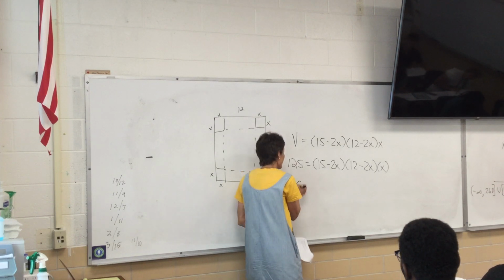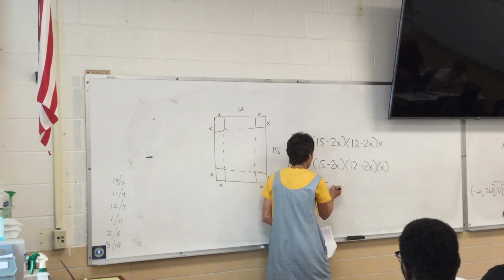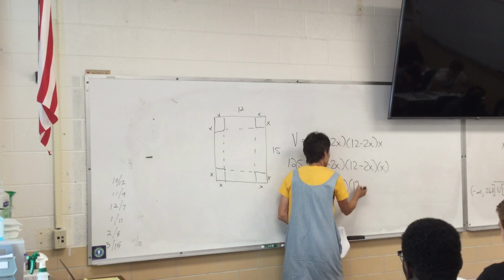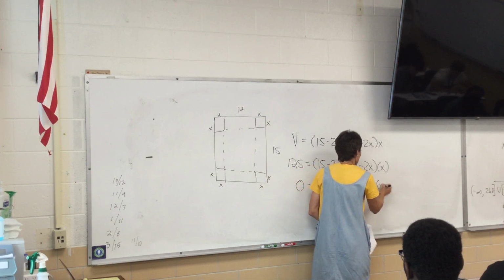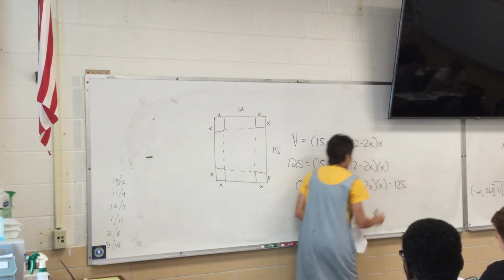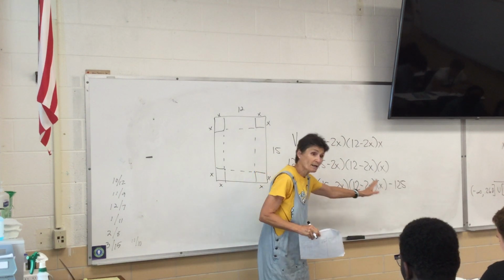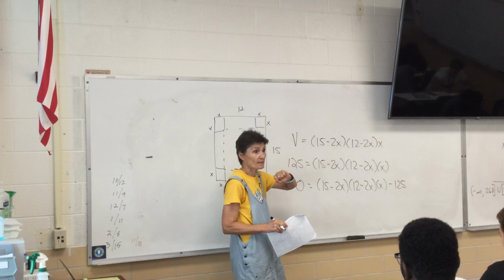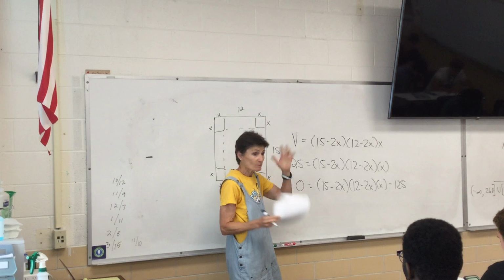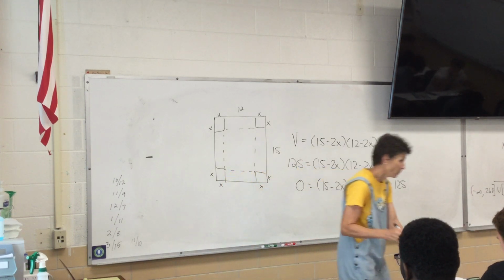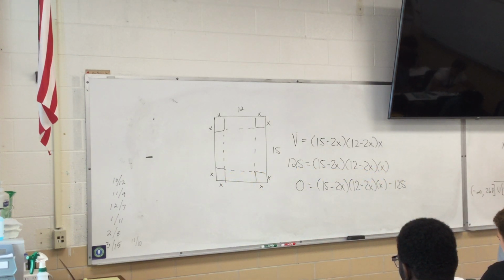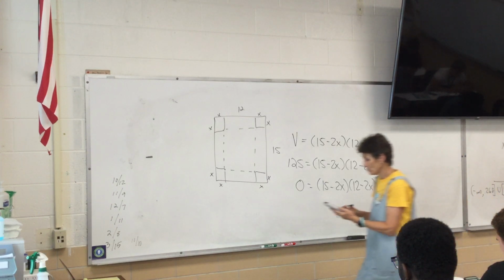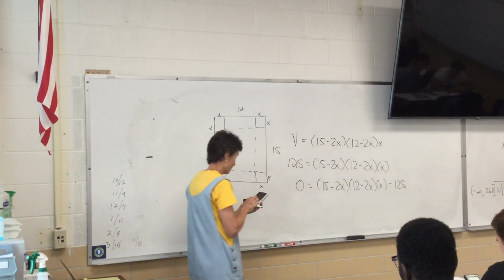If you prefer, you can take all this with the parentheses, do not multiply it out, and subtract 125. Then you can put that in as one equation and look for the zeros, right? So whatever flips your switch, do it one way or the other. Let's see if you can come up with a value of x.